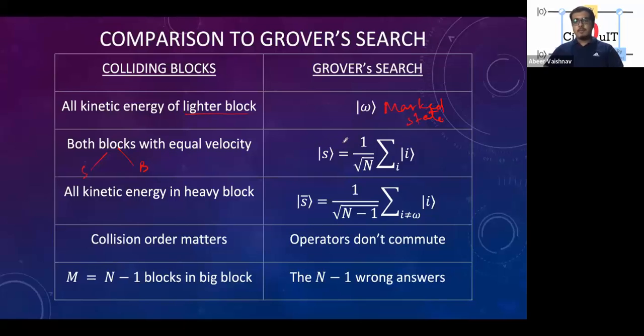When I apply a Hadamard gate in Grover's search algorithm, it gives me this particular distribution, and that's why I can say this is analogous to the S state here. Then the kinetic energy of the heavy block is analogous to the S bar state, which was the omega prime state when we took the example of Grover's search. Also, the order of collision matters. I hope this particular block system is visible.